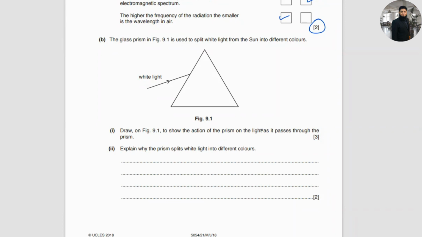It will split the white light into different colors, right?